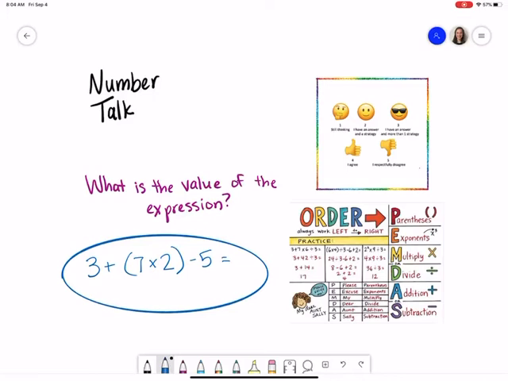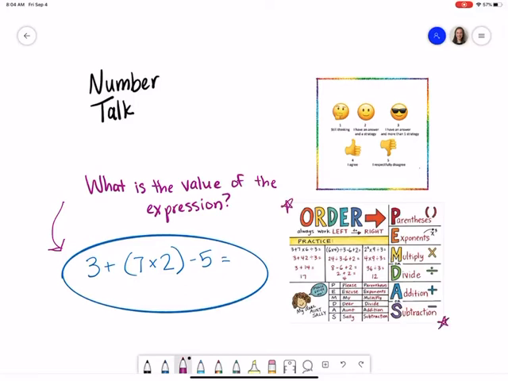So we're going to get started with a number talk. I want you to tell me what is the value of that expression right there, okay? So take a moment and try to solve this for yourself. Remember to use our order of operations, okay?